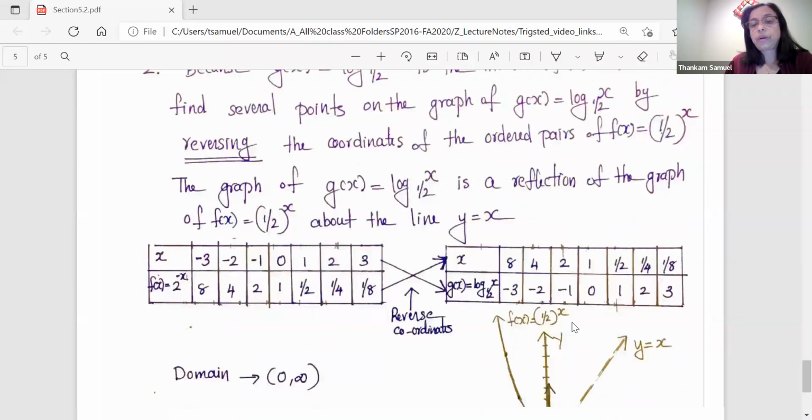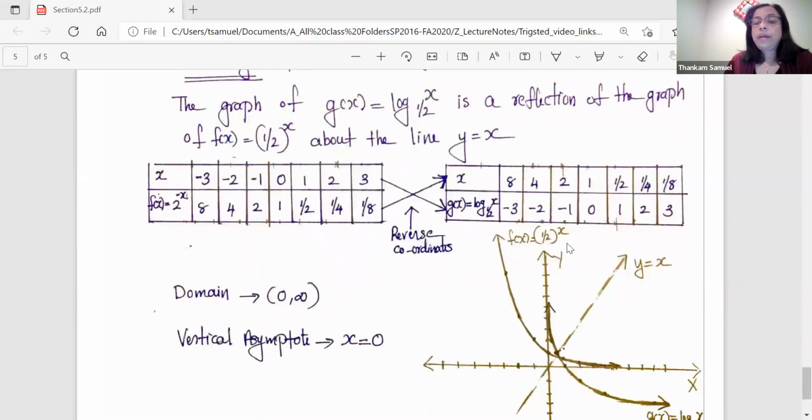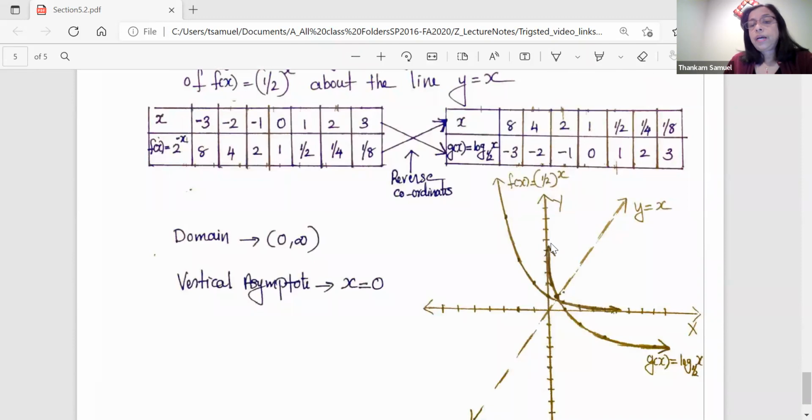So just reverse the coordinates. Then we can plot these corresponding x and y coordinates in the coordinate system. Then you will get a graph like this. Okay, so g of x equals logarithm with base 1/2 of x.